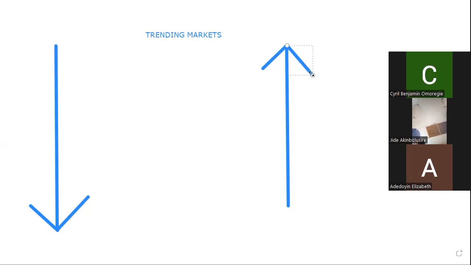And when it's heading down, we say it's a downtrend. In other words, we have both the uptrend and the downtrend. Full stop.